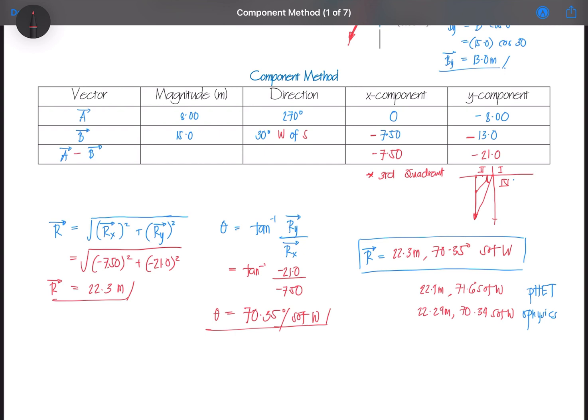And ideally, as mentioned a while ago, the component method would give us the most accurate answer for our resultants, compared to the graphical method or the other sub-methods under the graphical method. All right, so there.